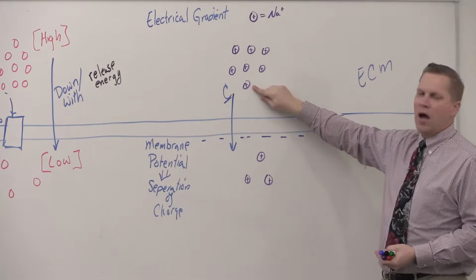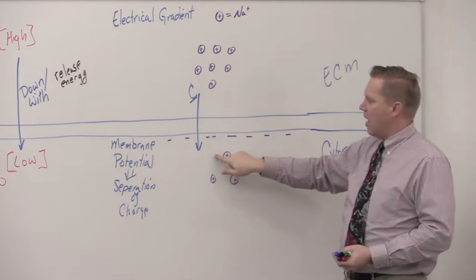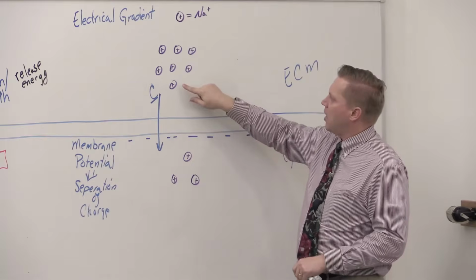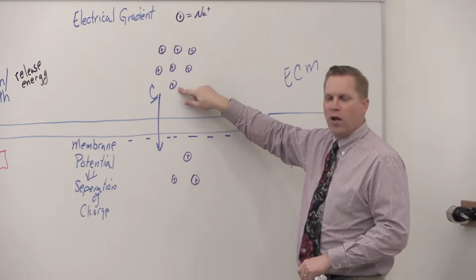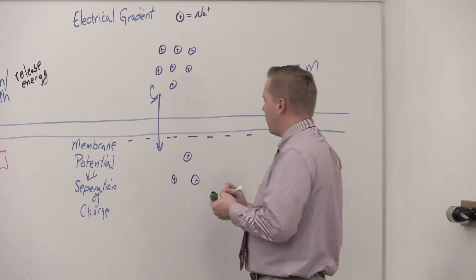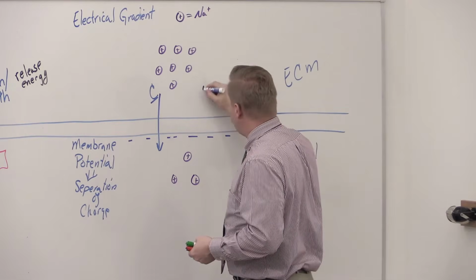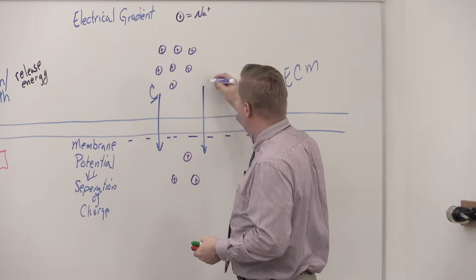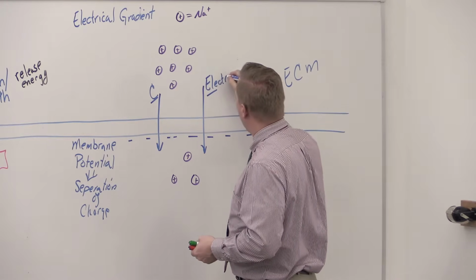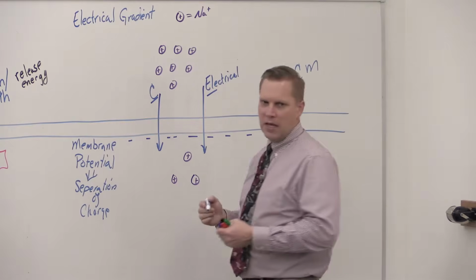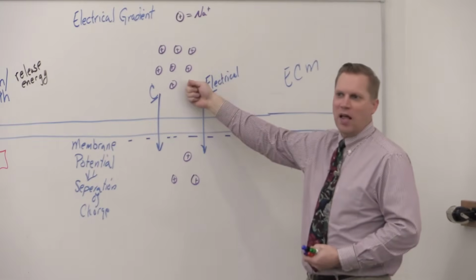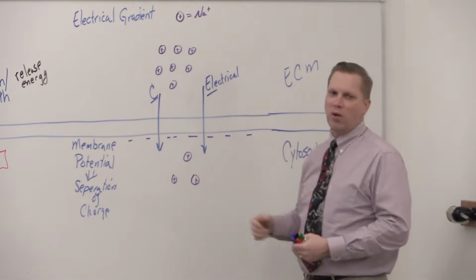Because the sodium ions are positively charged and the inside of the cell is negatively charged, the positive charge is going to have an additional force pulling it inside of the cell to get to that negative charge on the inside. And so we call that the electrical gradient.